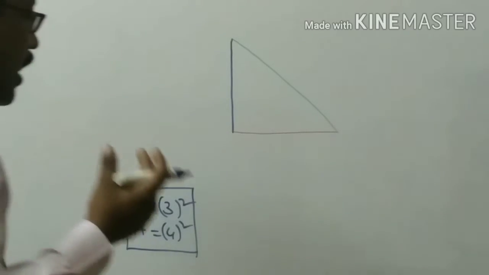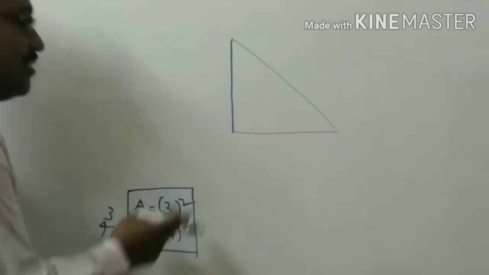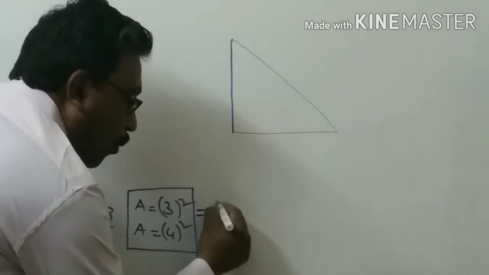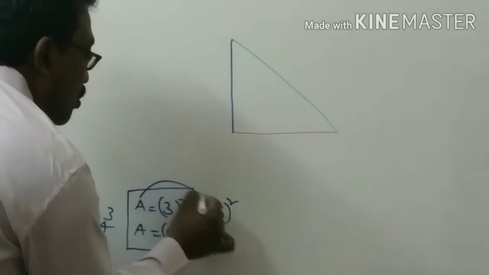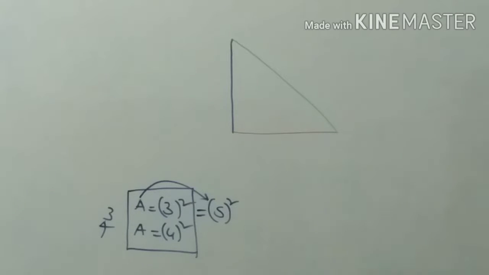So, square means the side is squared. When the area of a square is found, the area of square formula is side into side.